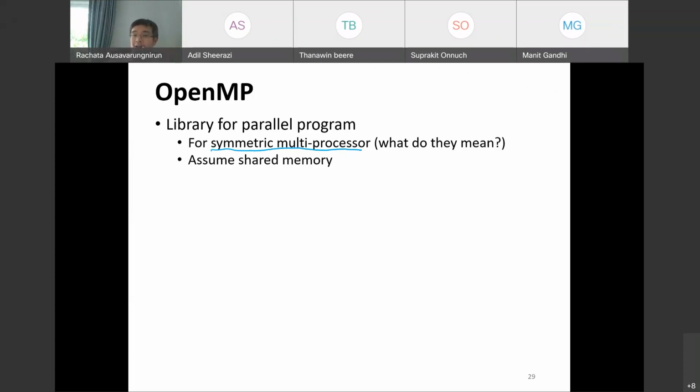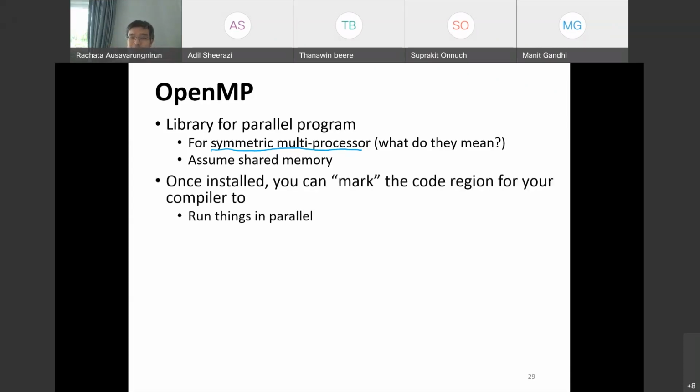And assume shared memory, right? Again, in this case, shared memory is your friend. Once you install it, you can put a mark on your code in the region where you say, hey, this can be done in parallel. Basically, the mark can be done by putting in the pound sign, pragma.